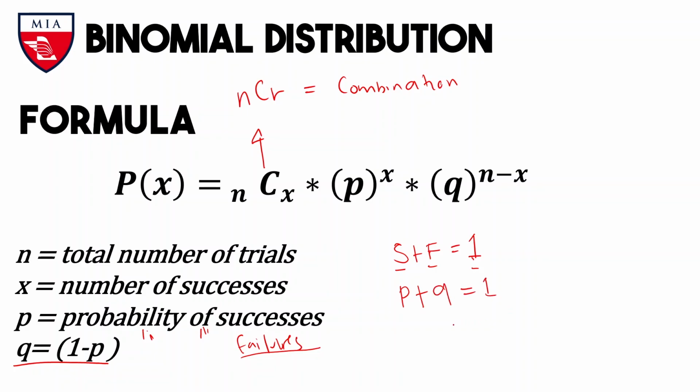If we simplify the problem and transpose, the value of Q is equal to 1 minus P. So we proved a certain condition by using derivation. Remember, that's how we derive the value of Q. Q is always equal to 1 minus P.